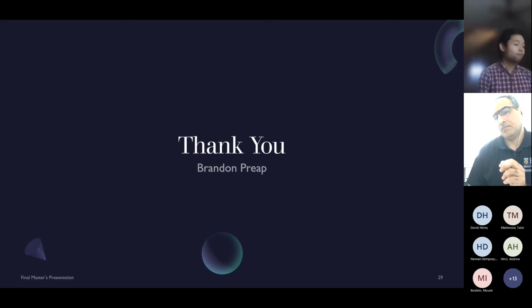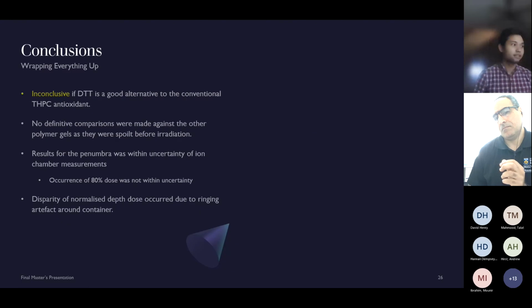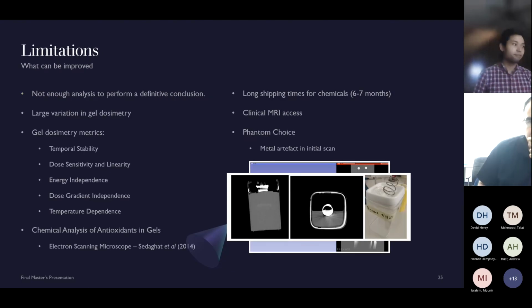But before we get to the stage of using phantoms, we need to do more testing to see whether the antioxidant used in this gel is a good alternative to what's conventionally used. The main drawback with these gels is that they're very finicky and very hard to make, and they're also quite toxic. So if we can reduce the toxicity, it can be something more attractive and more applicable to what can be used in the clinic. So that's the way forward.